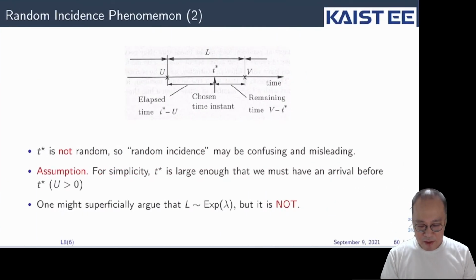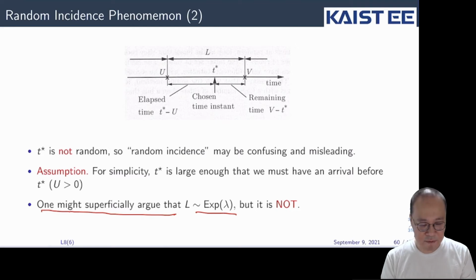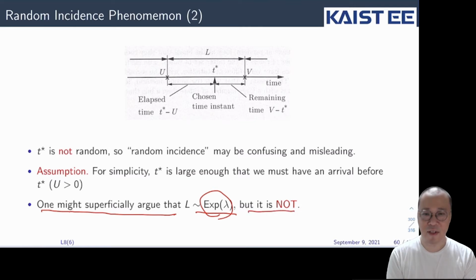Again, one might superficially argue that my answer is an exponential random variable, because V minus U is an inter-arrival time, and that is an exponential random variable that we know. So the answer may be an exponential random variable with parameter lambda, but actually it's not.